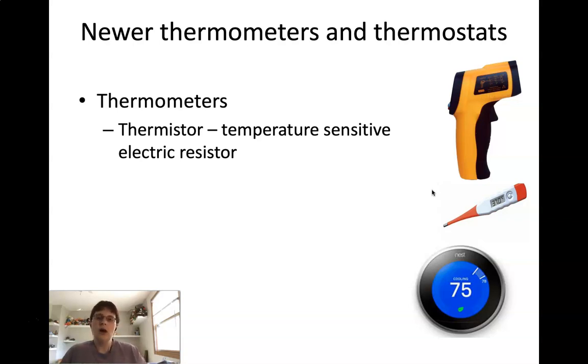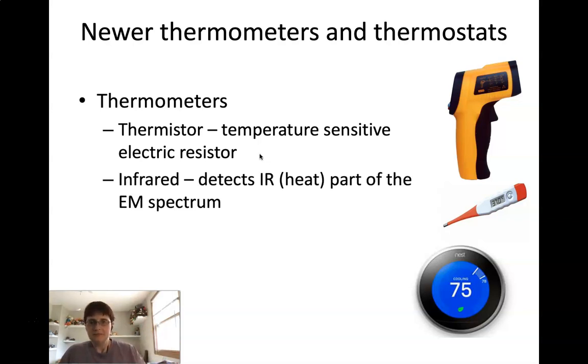They're using electricity to do that sort of expansion, contraction type of thing, but they're still doing the same thing. They're going to measure your temperature based on actual properties, in this case of electricity and electrical resistance, rather than expanding alcohol.